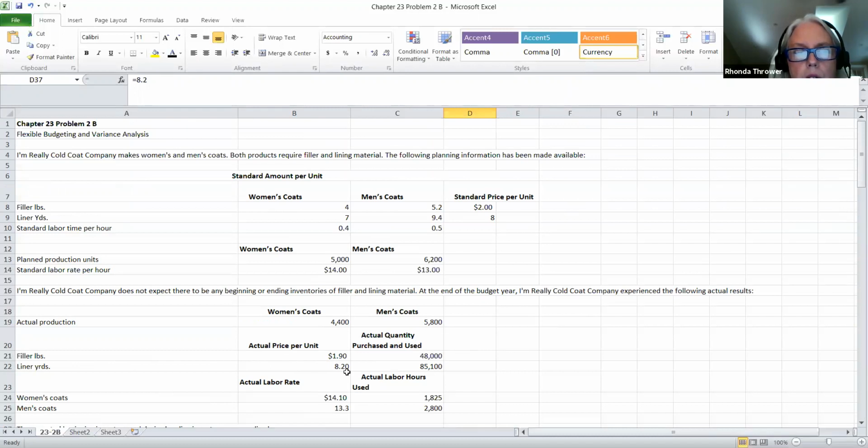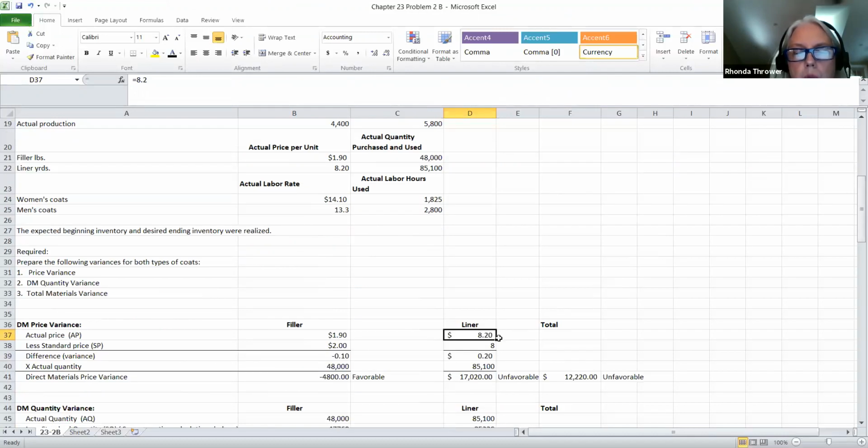We're going to compare this with the standard price of the liner, which is $8. So my actual price was $8.20, my standard price was $8. This time my actual is more than my standard, so we have an unfavorable 20-cent variance.